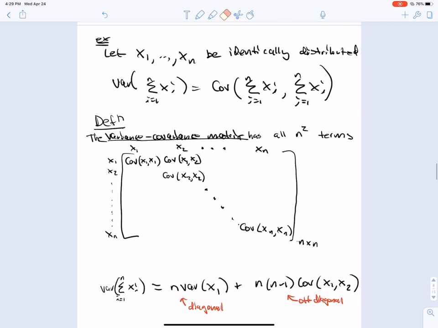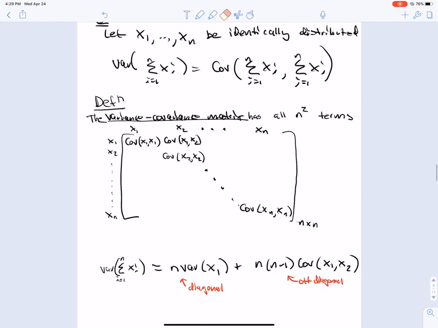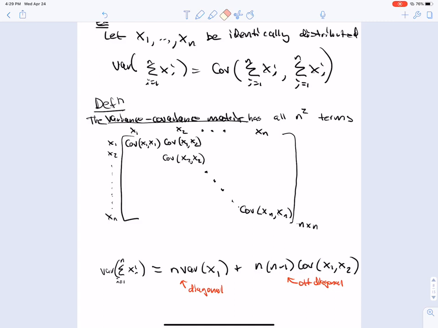Furthermore, if x1 to xn are identically distributed and you look at the variance of the sum, this is a covariance of a sum of these xi's with a sum of these xi's, and all the xi's are identically distributed. So we're going to get n squared terms, and those n squared terms appear in this variance covariance matrix.